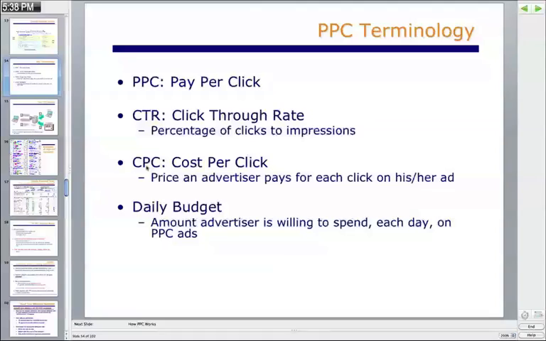Every time this goal gets satisfied, we call that a conversion. In other words, a user that actually satisfies the goal of the advertiser. For example, a user that signs up for the newsletter is called a conversion.